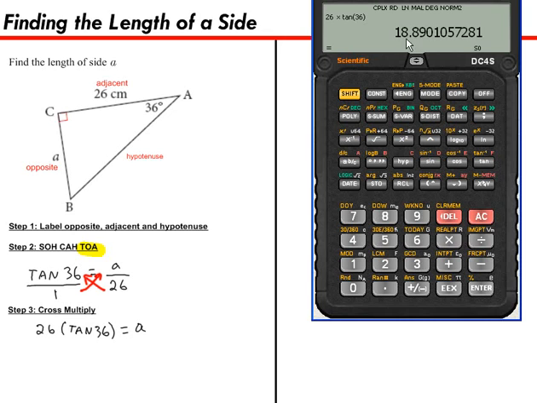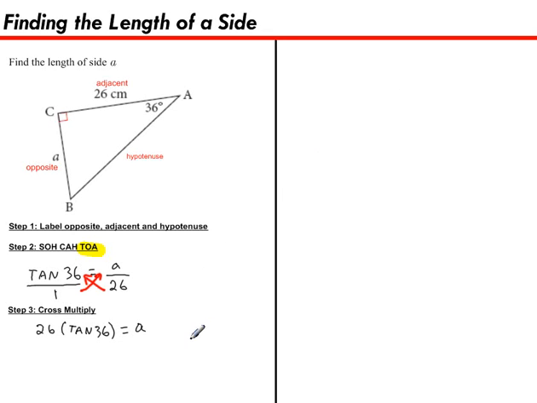I get an answer of 18.89. I'm just going to round that to 19, we'll say. So my final line, I'll just say A is equal to 19, and we're talking about centimeters here, so I'll put the units of centimeters. And there we go. I just used one of the trig ratios to find the length of the side of a triangle. A is 19 centimeters.